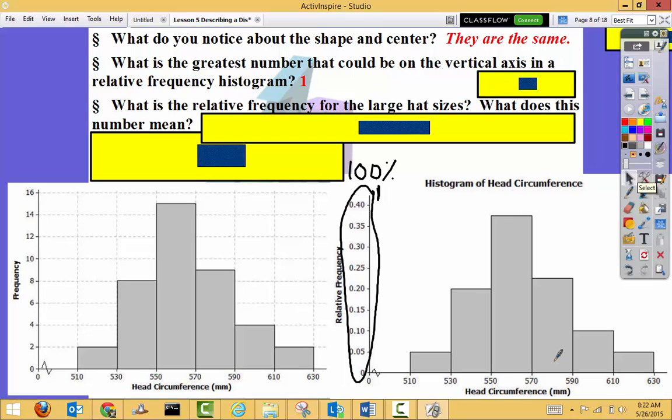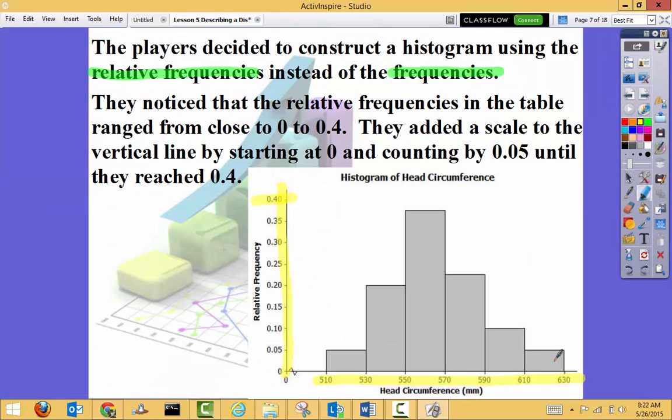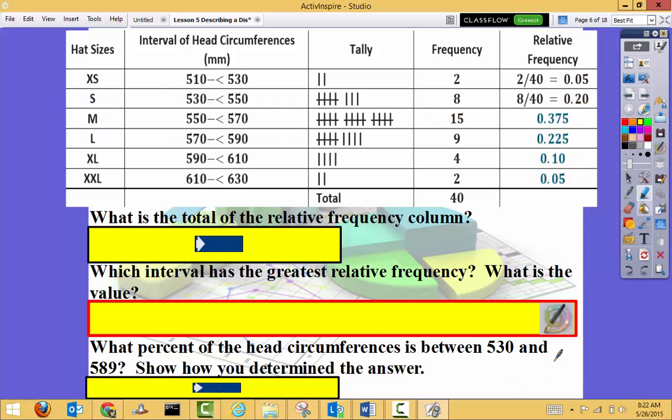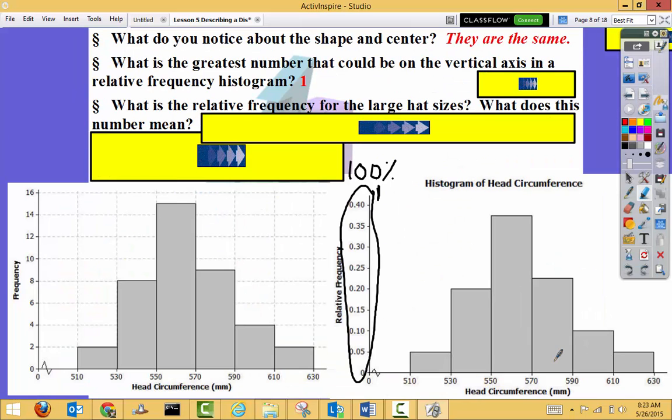Alright, what is the relative frequency for the large hats? What does this number mean? So I'm going to look back on my chart, and I need to find that large hat one. So large hat is 570 to 590. So let's go find that interval, 570 to 590. And I'm going to look.